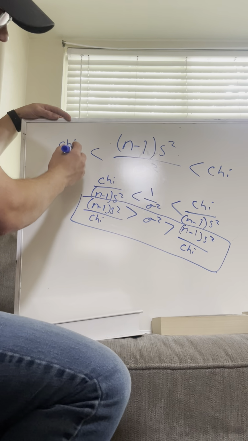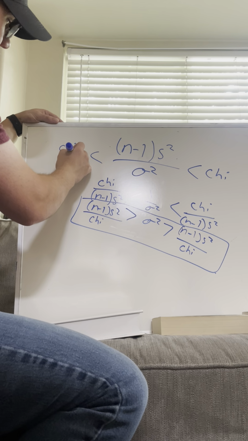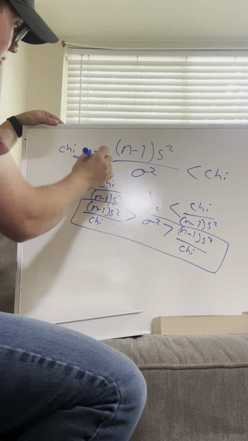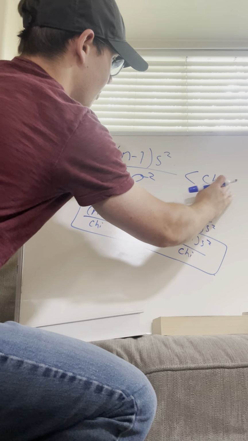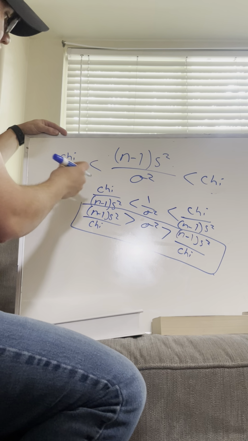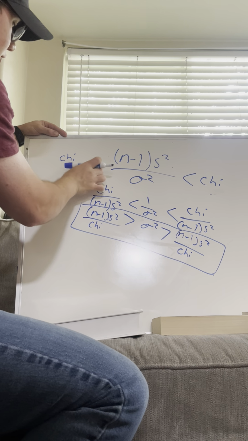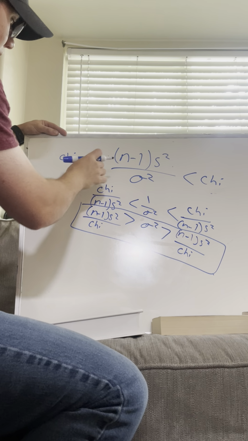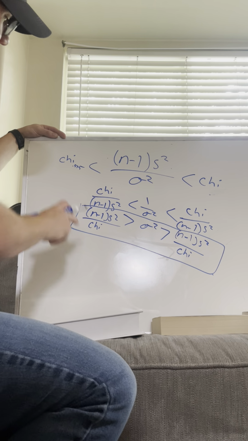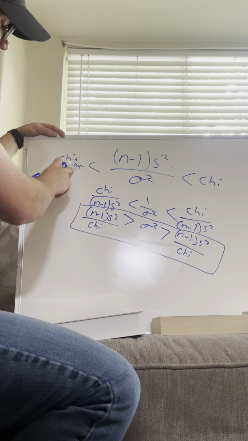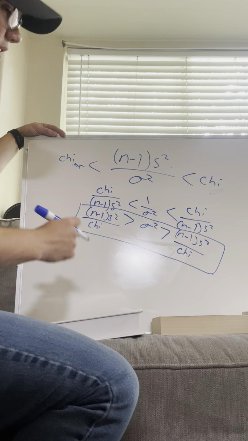So back up here at the beginning, you would find the chi-squared value for 0.025 on the bottom. On the top, you would have the chi-squared value for 0.975.